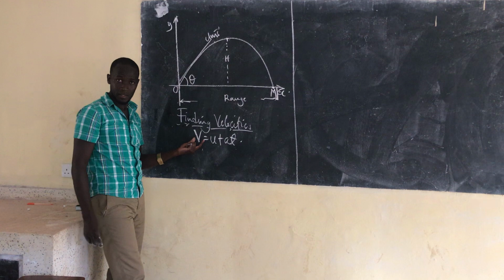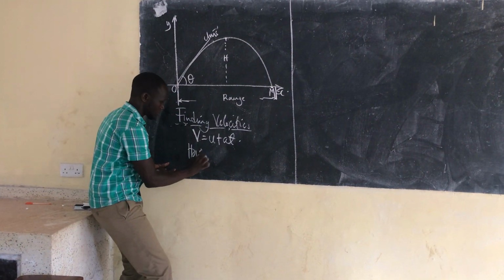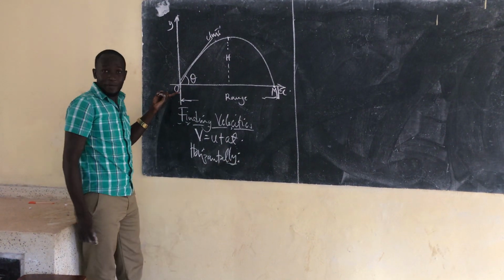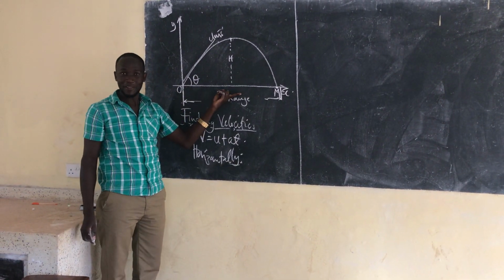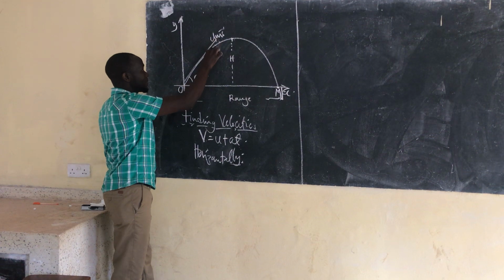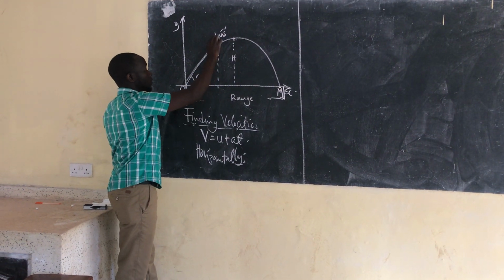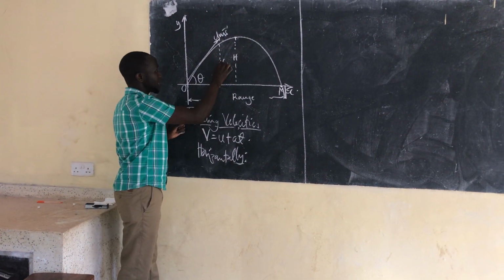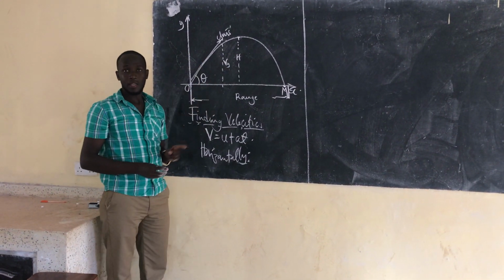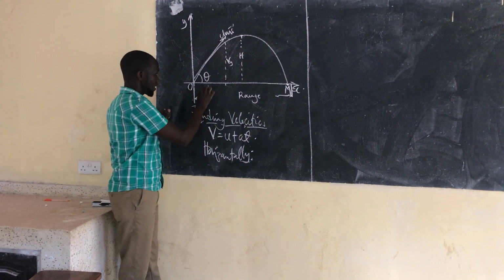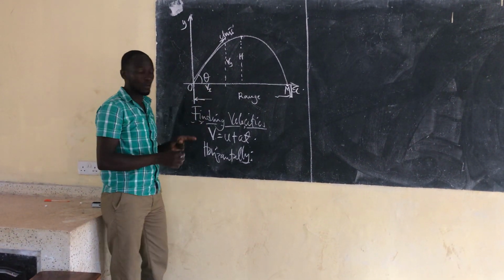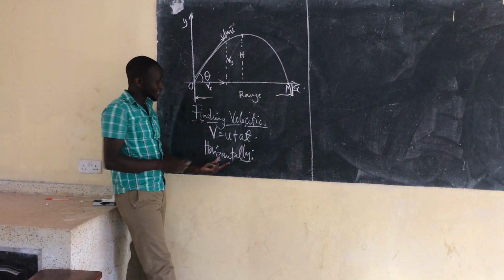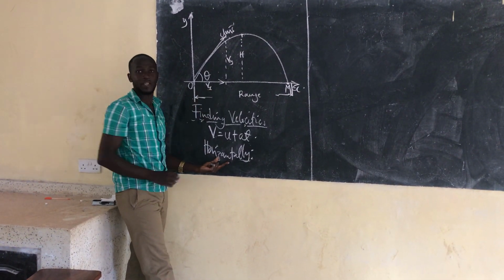If you have this horizontally, as this projectile is moving in the horizontal direction, remember, try making this a right angle triangle. When you do, this one becomes the velocity responsible for the vertical movement, and this is the velocity responsible for the horizontal movement. If somebody wants the horizontal velocity, we are talking about Vx now.